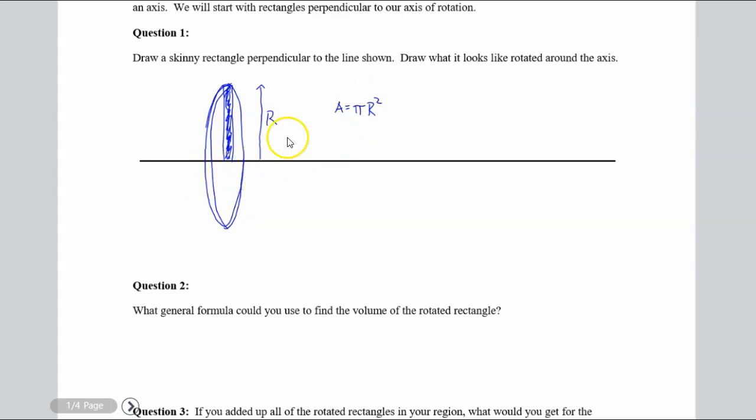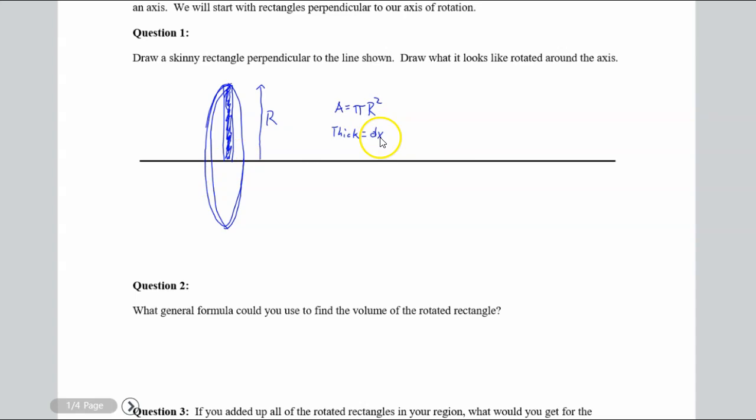And the thickness is something small, right? In this context, you might think of this as a dx. If your line was rotated so it was vertical, it might be a dy, but this thickness is just that small change in how wide that rectangle is.